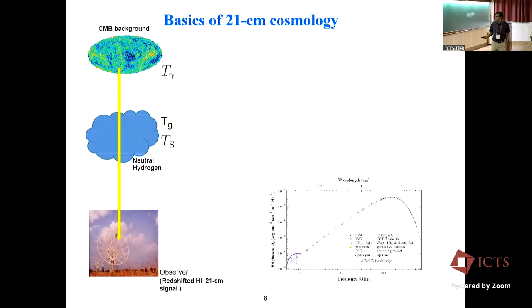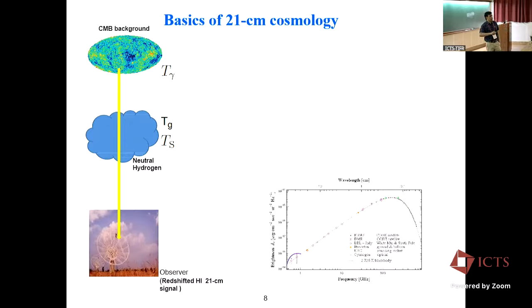So you will see some distortion of the CMB background radiation due to the intervening HI medium, and that is the deviation we are interested in. So we are interested in the deviation created due to the HI.